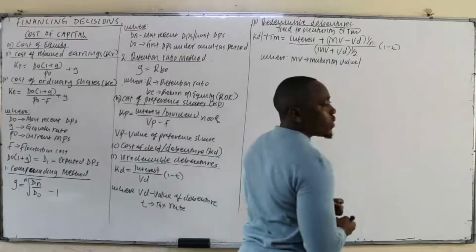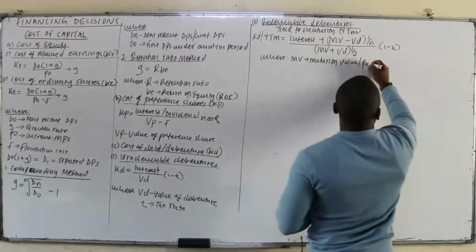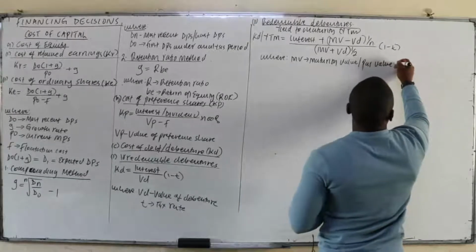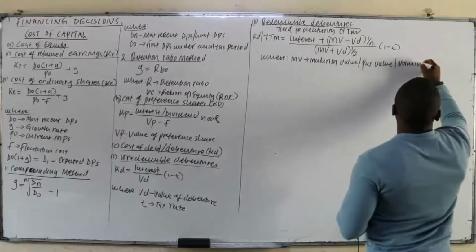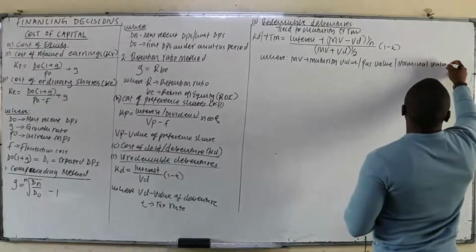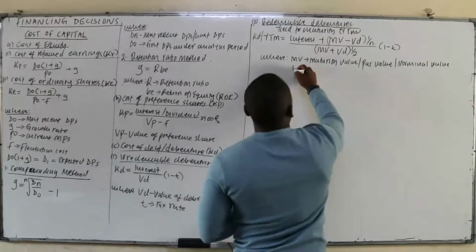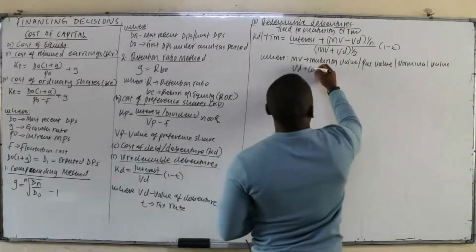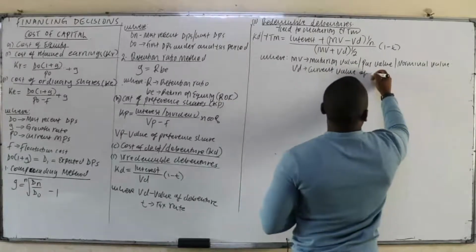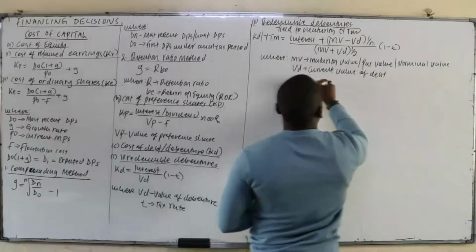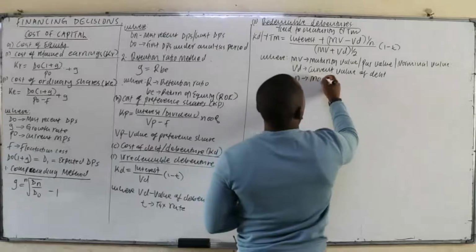Debt always matures at its par value, so the par value becomes the maturity value, and the par value is also known as the nominal value. Then we have VD, the current value of the debt. N is the maturity period.